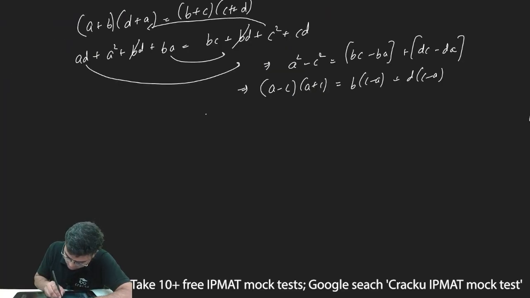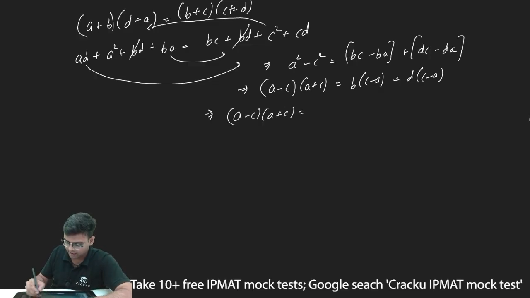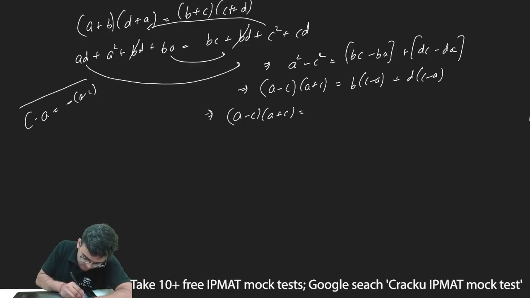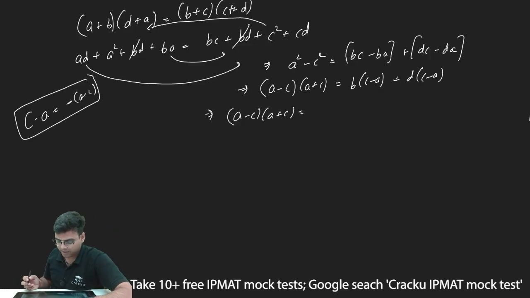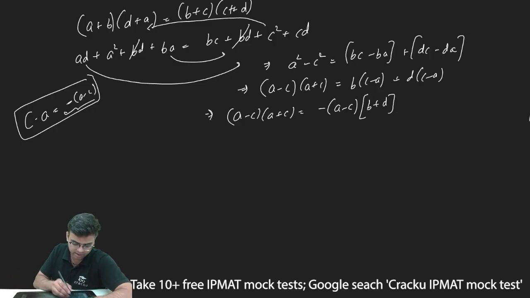Now (a − c)(a + c) should be equal to, what I'll do, c − a I'll take common and I'll make it a − c. So c − a will be equal to minus of (a − c), and I'll take this common. So this will be equal to −(a − c)(b + d).